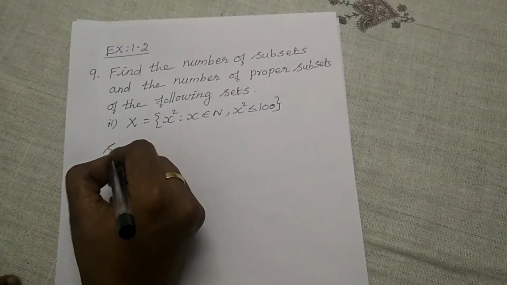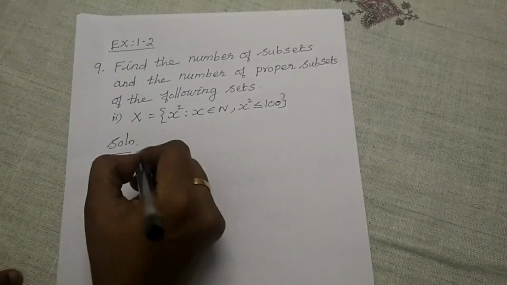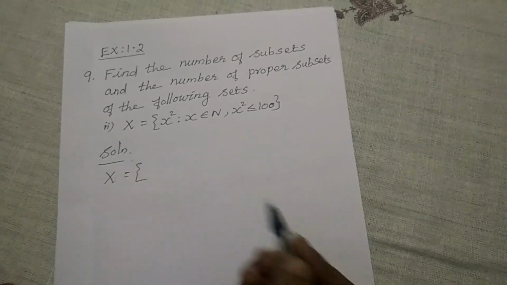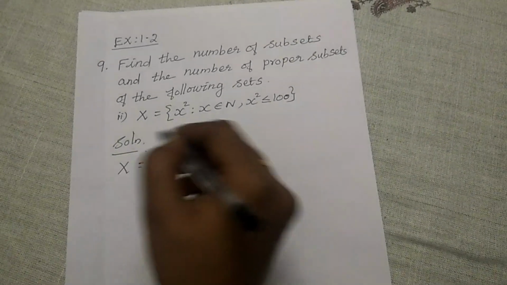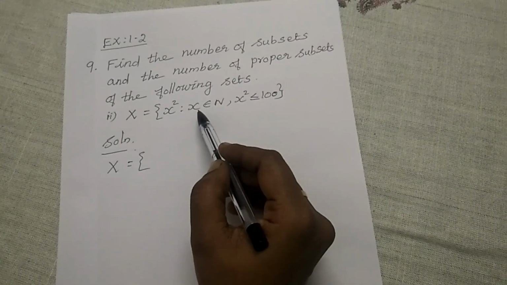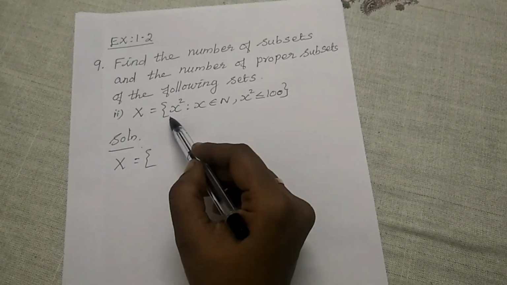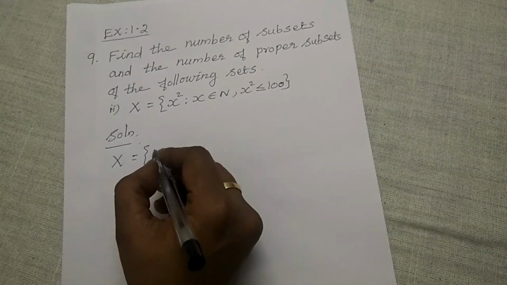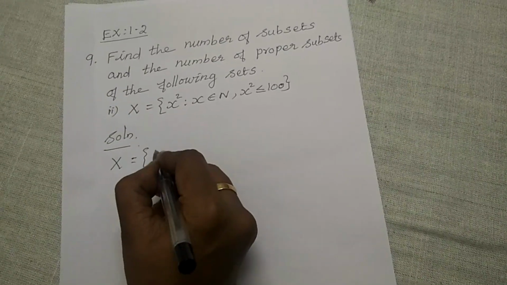Then solution, X equal to, first we have to find out the roster form. Write in the roster form. Okay. Then x square, then x place we have to substitute 1, 2, 3, etc. 1 square is 1.